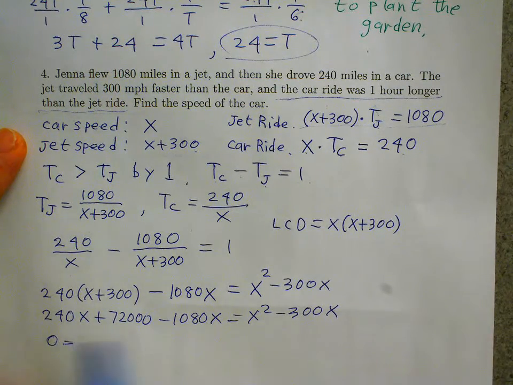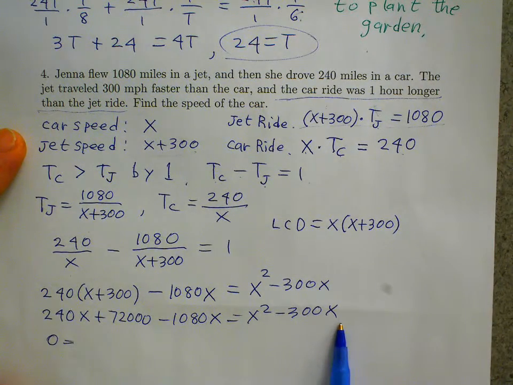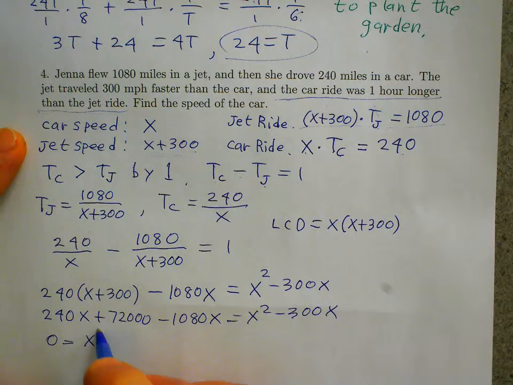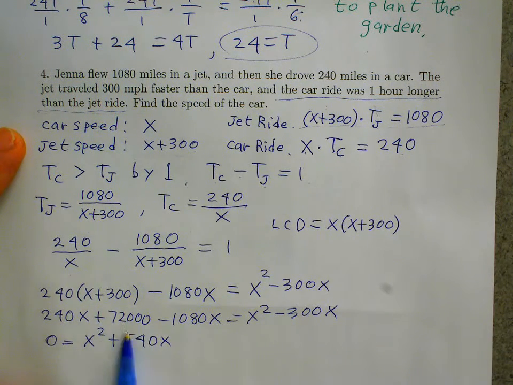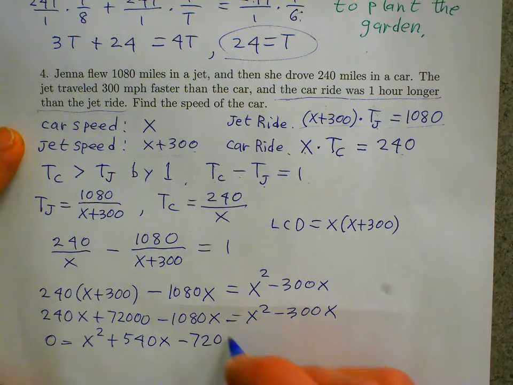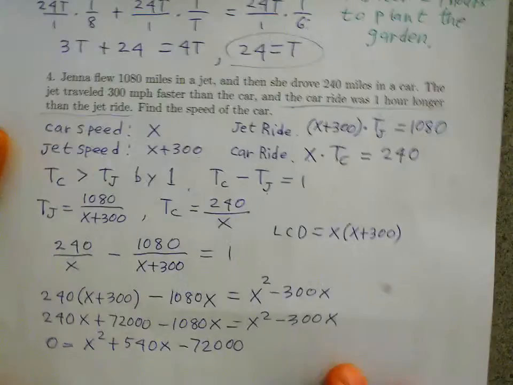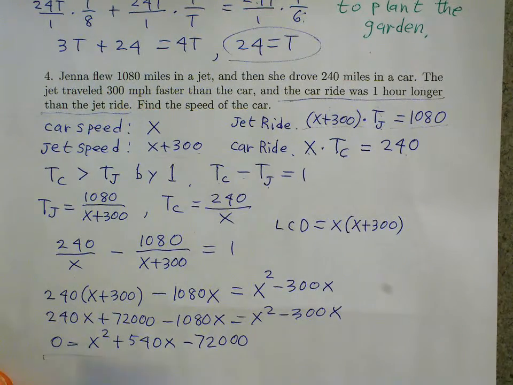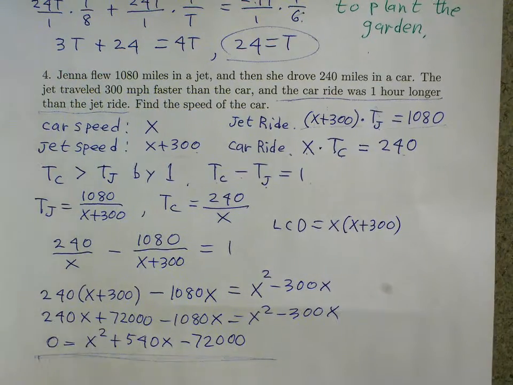So the right-hand side will become x squared plus 540x. And then we're also subtracting 72,000. So here's our quadratic equation. The numbers are kind of large, but I'll leave the rest of that for you to do.